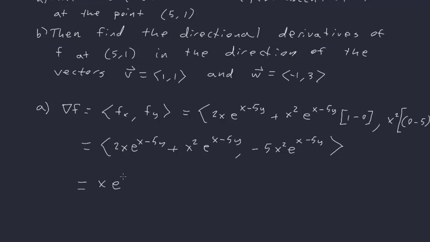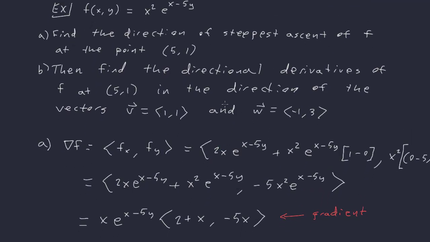So we can take out an x and an e to the x minus 5y, and then just write what we have left, which will be 2 plus x in the first component and a negative 5x in the second component. This is a little trick that will be very helpful in a lot of vector-based problems when you're dealing with variables. Okay, so here's the gradient.